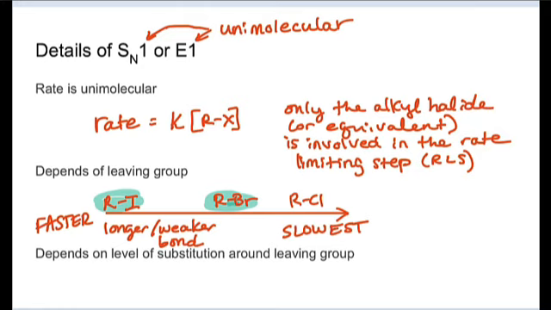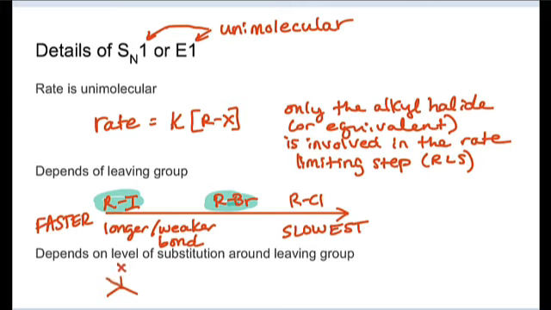The other thing that the reaction is going to depend on is the rate of substitution. And the rate of substitution matters around the leaving group, but in this example, we're going to talk about directly on the leaving group.